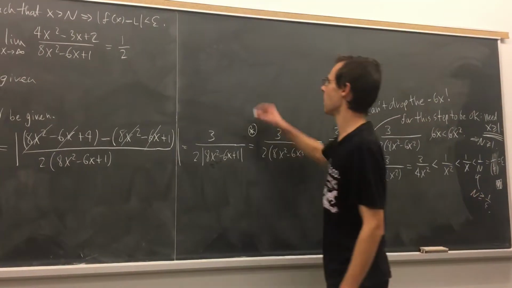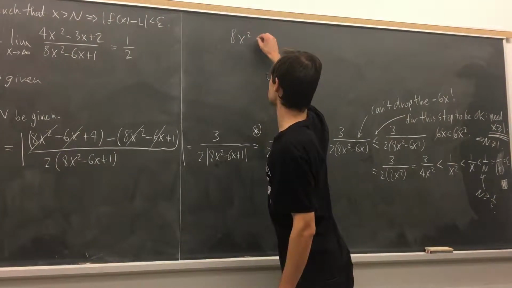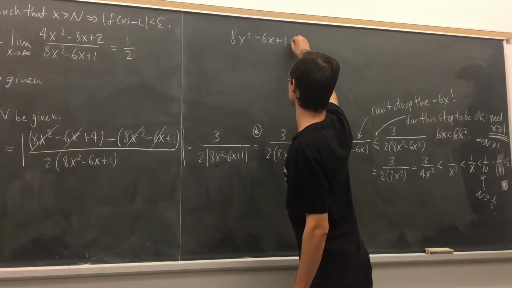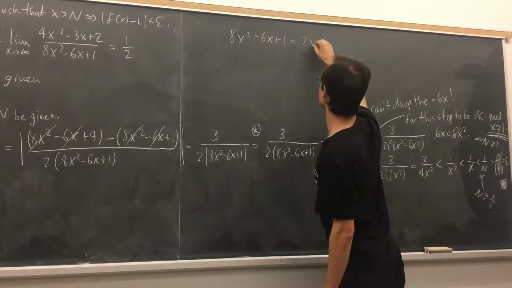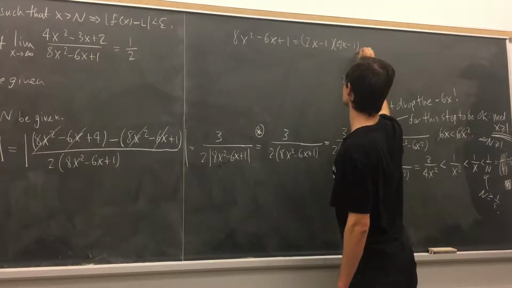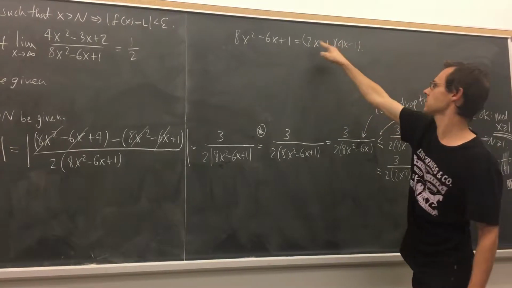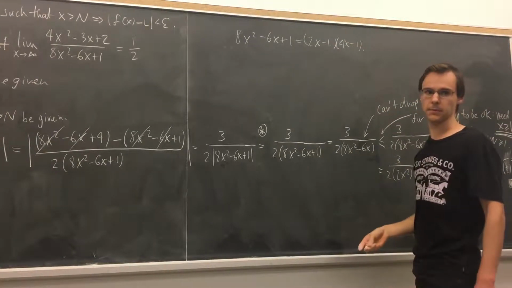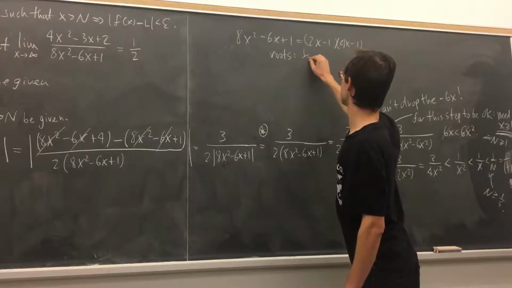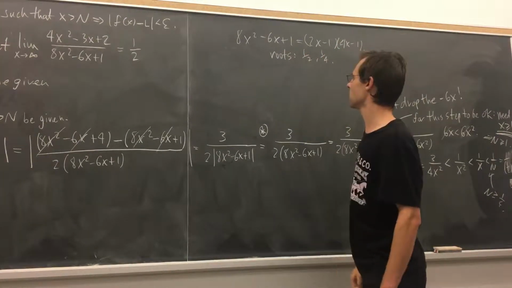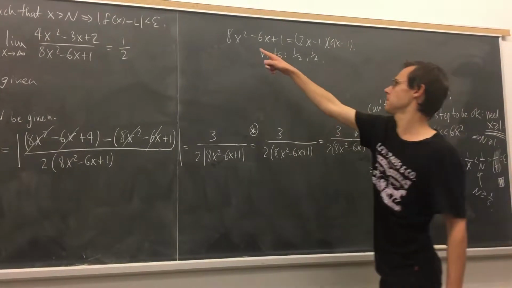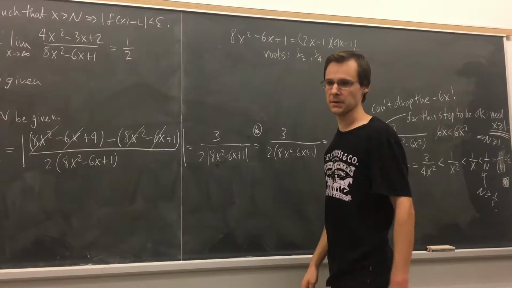Well, let's see. Where does 8x squared minus 6x plus 1 have roots? If you factor this, you get 2x minus 1, 4x minus 1, right? You multiply that out, 8x squared minus 6x plus 1, okay? So the roots here are at 1/2 and 1/4. After the half, this parabola here is always above the x-axis.